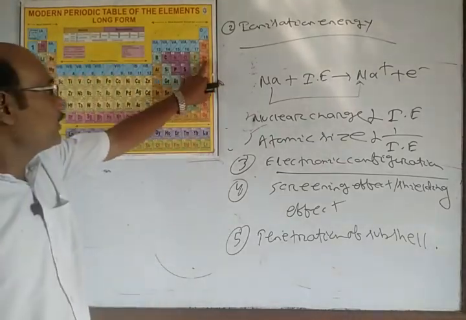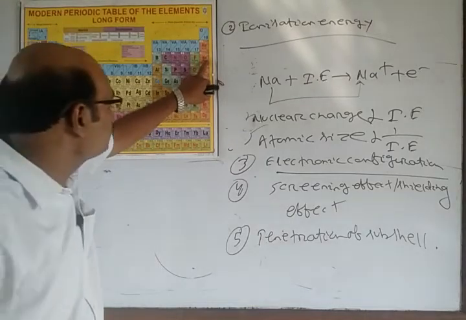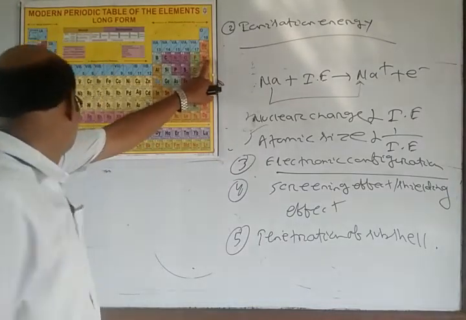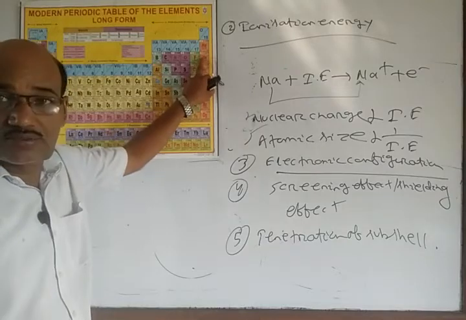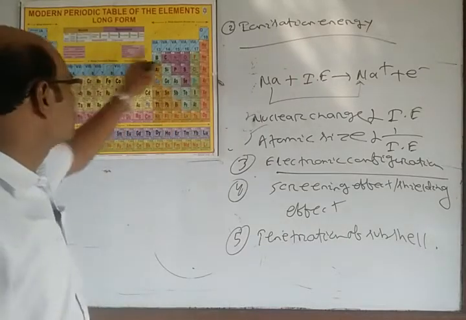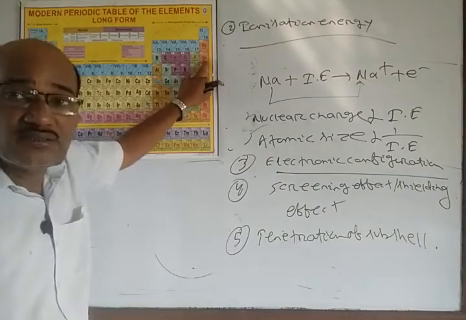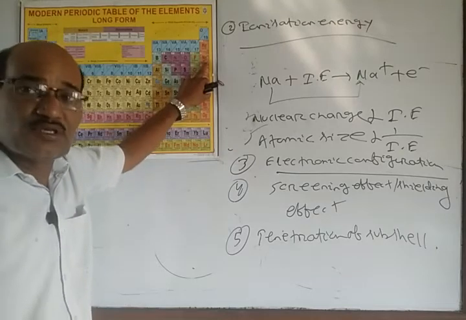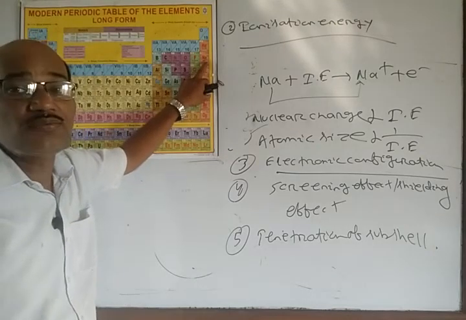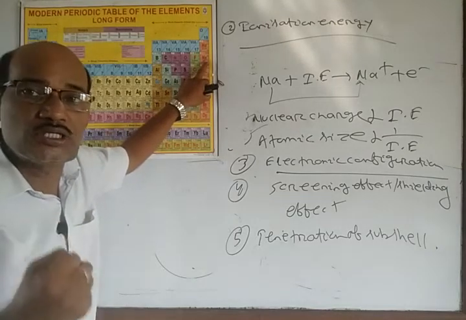So here neon has 2080.6 as the ionization enthalpy. So in the period, this one has the highest ionization energy. This is because of what? Because of the stable electronic configuration.